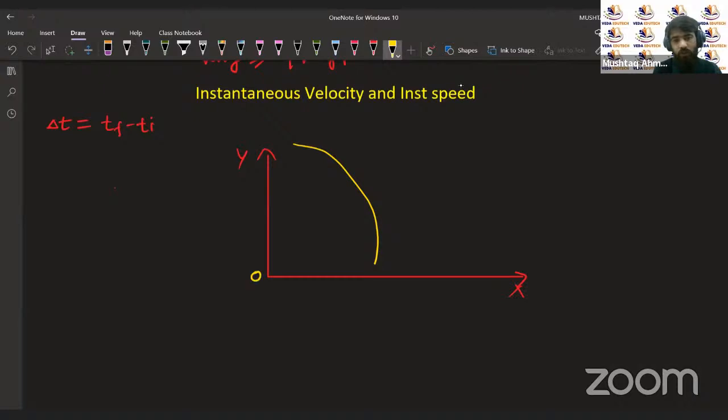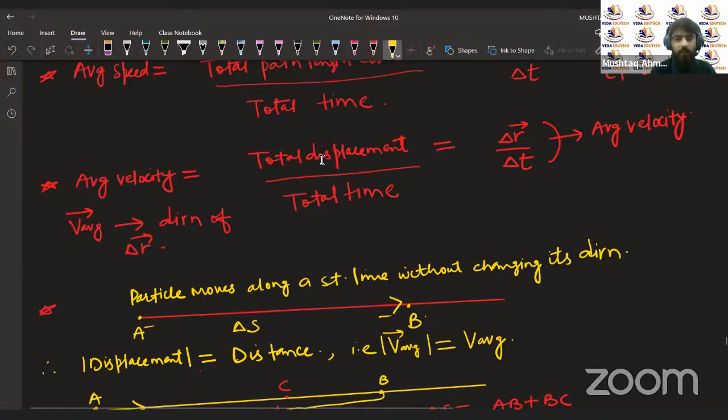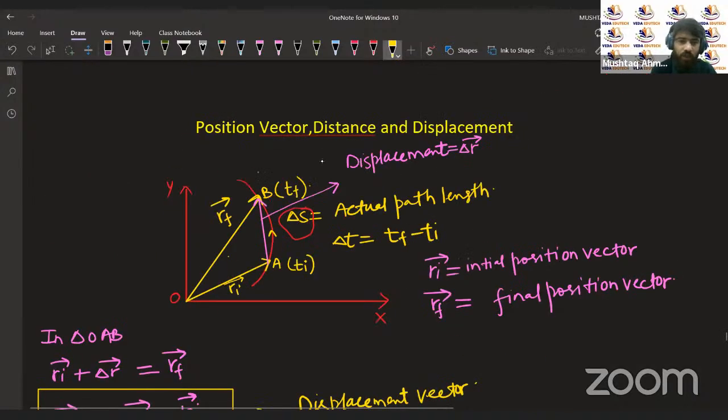This is our origin, or reference point. Let's suppose that delta t approaches 0. It means that, in the previous diagram, the point B will coincide with point A.